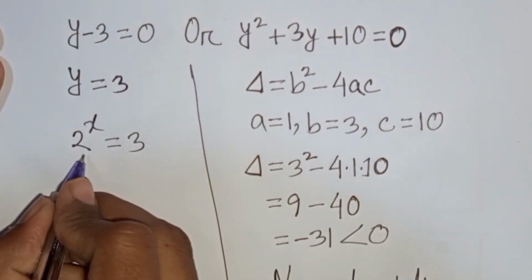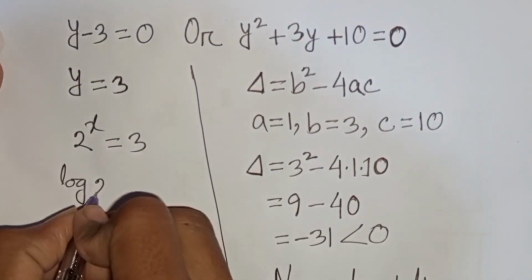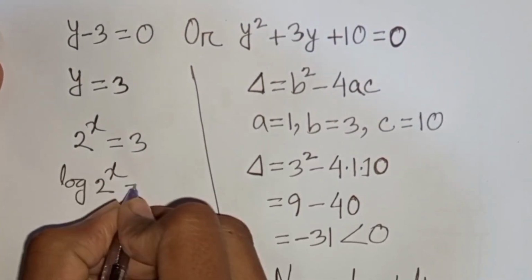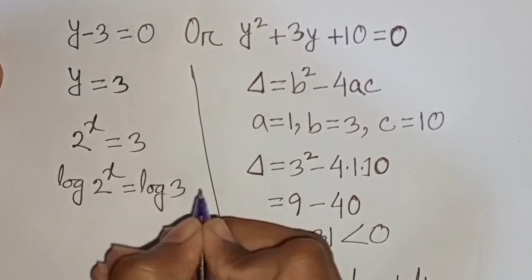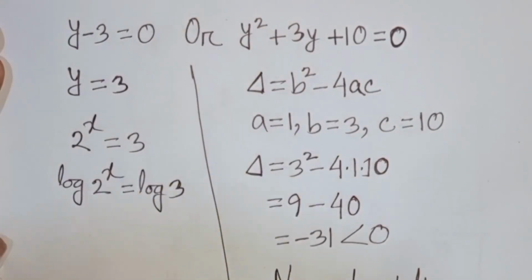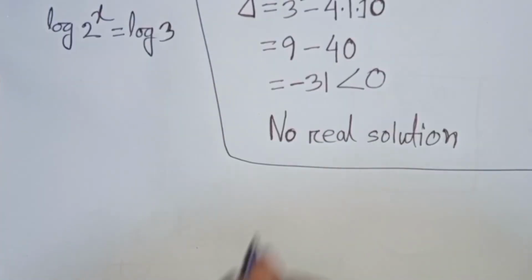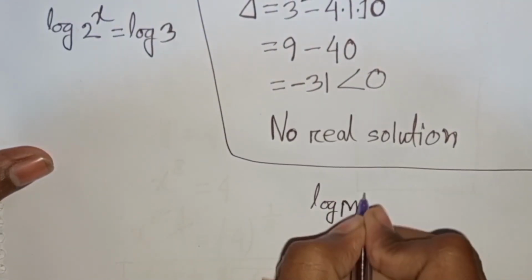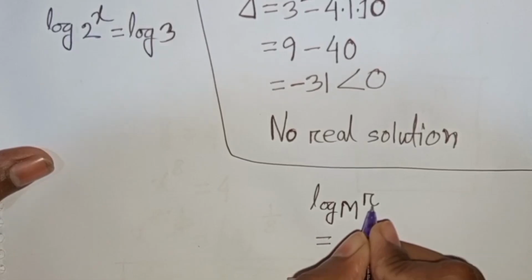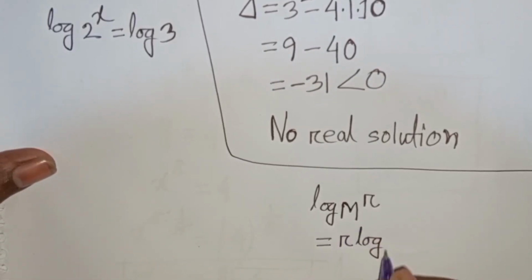Now we take log on both sides. You can write log of 2^x is equal to log of 3. Now here I can apply the rule that log of m^r is equal to r log m.